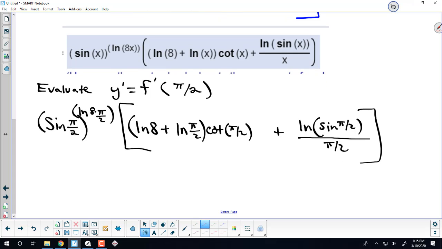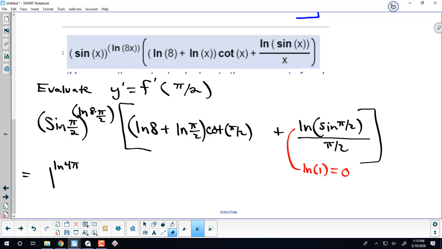So like we said, this one here turns into the natural log of 1, which is equal to 0. So that whole thing is 0. On the number on the outside, we have sine of pi over 2, which is what? 1 to the power of whatever this mess is. What's that going to be? 1. 1 to this number is still 1.